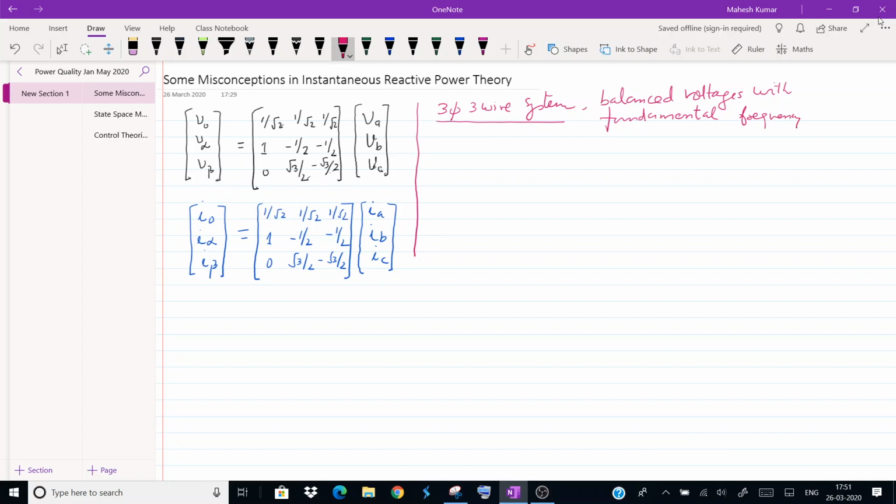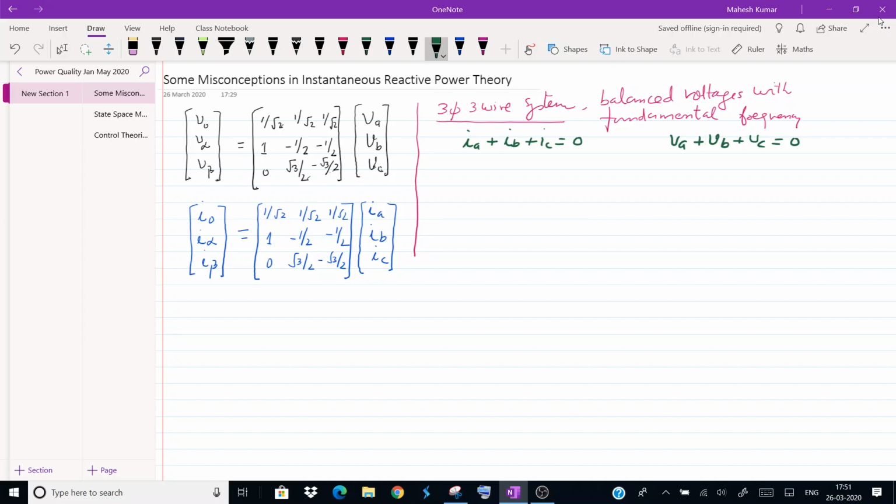Obviously, this implies that VA plus VB plus VC is equal to 0. Correct? And since it is a three-phase, three-wire system, this implies IA plus IB plus IC is equal to 0.